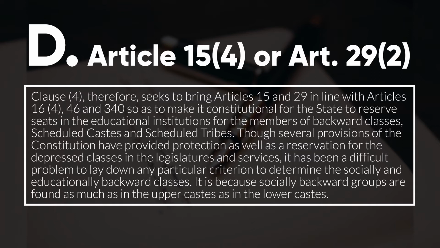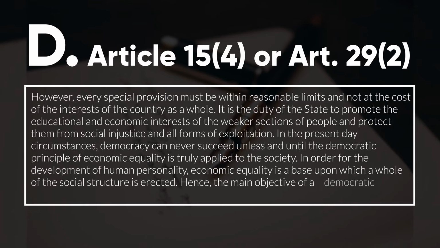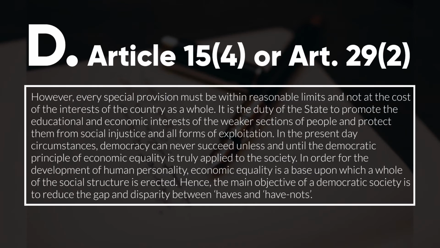Though several provisions of the Constitution have provided protection as well as a reservation for the depressed classes in the legislatures and services, it has been a difficult problem to lay down any particular criterion to determine the socially and educationally backward classes. It is because socially backward groups are found as much in the upper castes as in the lower castes. However, every special provision must be within reasonable limits and not at the cost of the interests of the country as a whole.